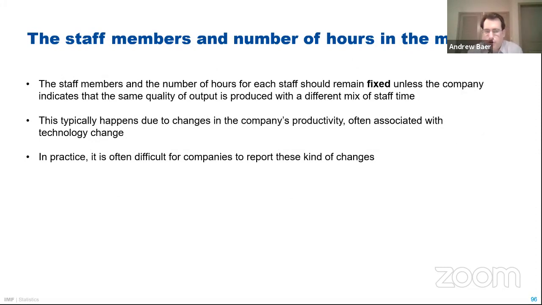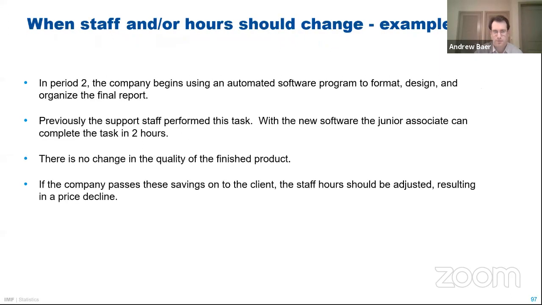The staff members and the number of hours for each staff member should remain fixed unless the company indicates that the same quality of output is produced with a different mix of staff time. This typically happens due to changes in the company's productivity, often associated with technology change. But in practice, it's often difficult for companies to report those kinds of changes.